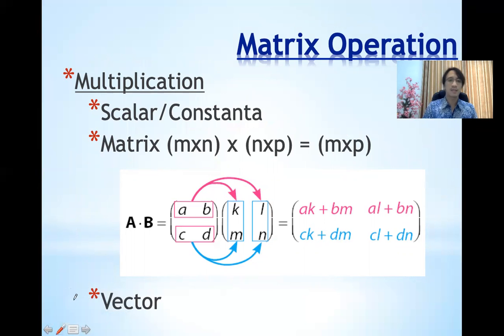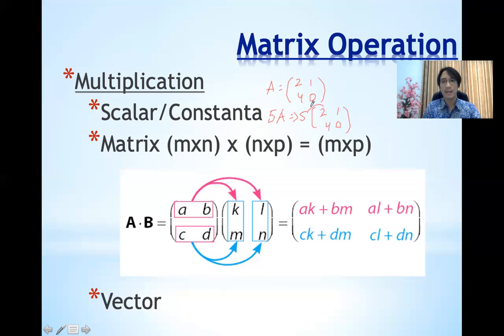This is very simple because for the scalar or constant, we just multiply the constant with all the numbers in that matrix. So in the next example we have matrix A: 2, 1, 4, 0. If we multiply this A matrix with a scalar, for example 5A, we just multiply 5 times 2, 1, 4, and 0.